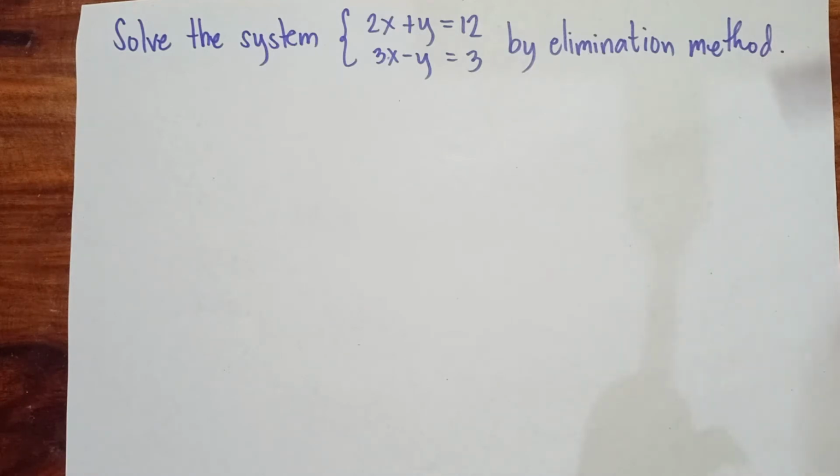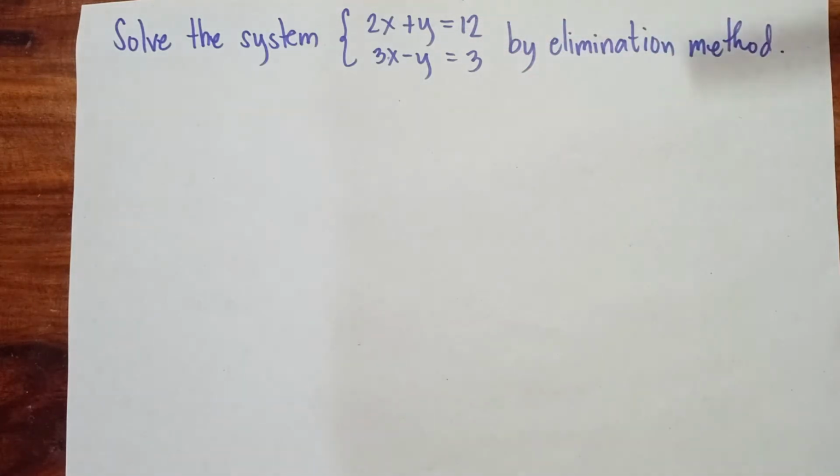Okay? Then the next step, whenever necessary, you're going to multiply either equation or both equations by a non-zero number so that the coefficients of x or y will have a sum of 0. In other words mga boss, pipili lang tayo ng mas madaling i-eliminate na variable.